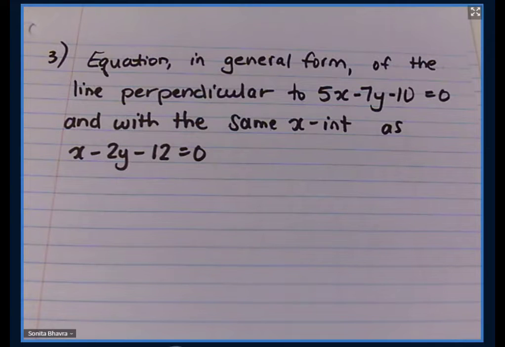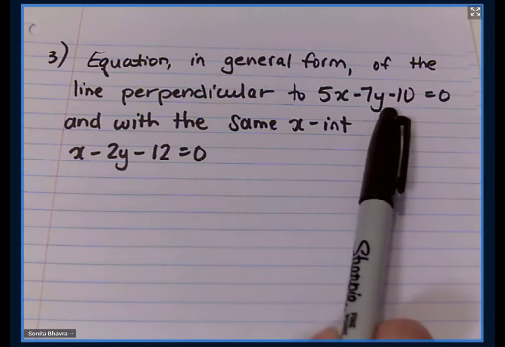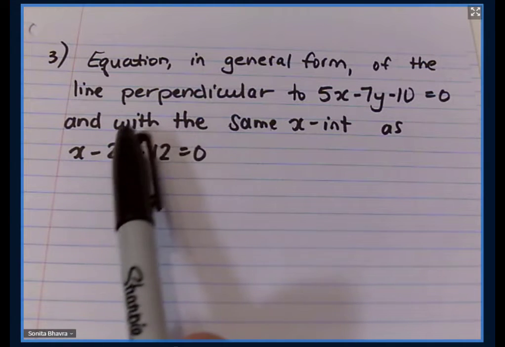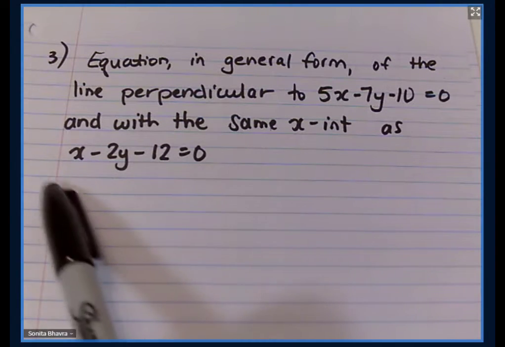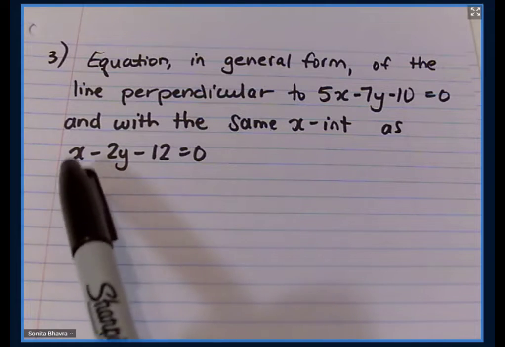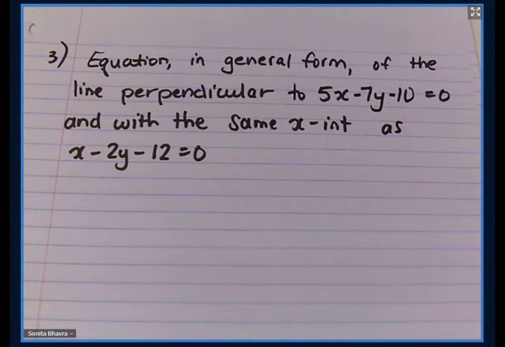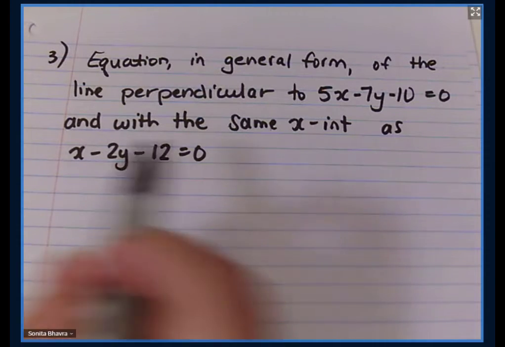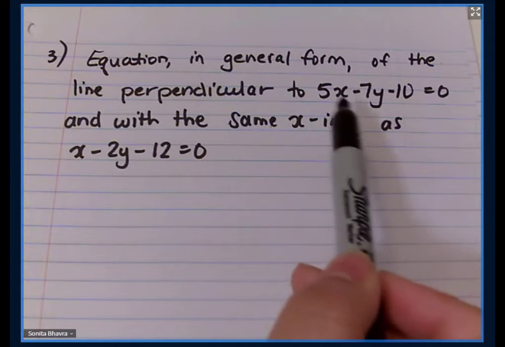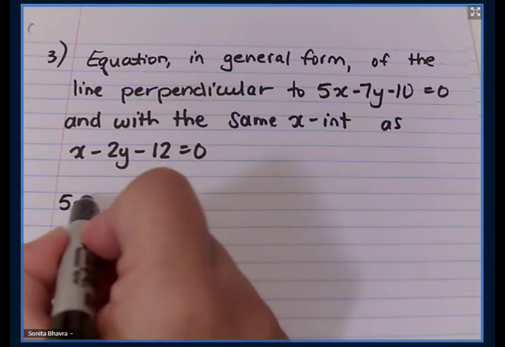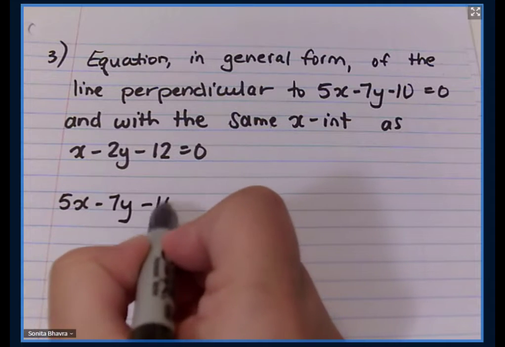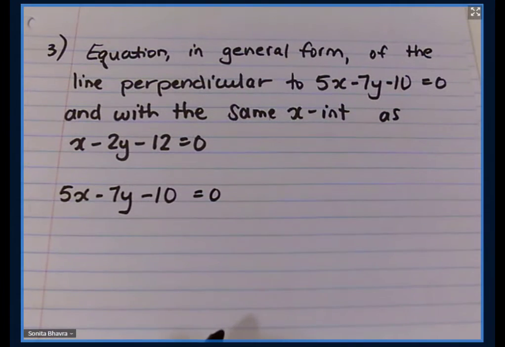Next, we have to figure out our equation in the general form of the line that has to be perpendicular to 5x minus 7y minus 10, and it's going to have the same x-intercept as this line. The first thing we have to do is figure out what the perpendicular slope will be. Using this line, 5x minus 7y minus 10 is equal to 0, let's put it into y equals mx plus b form.